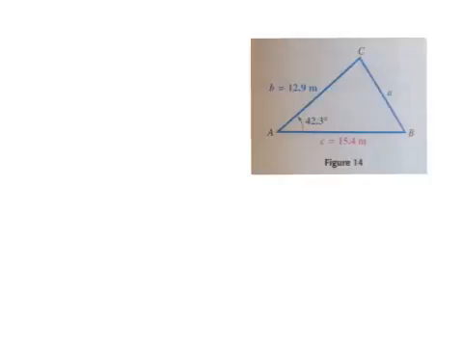So let's go ahead and use the law of cosines to find A. So we're going to do A squared equals B squared plus C squared minus 2BC, oops, why did I put sine? Cosine of A.